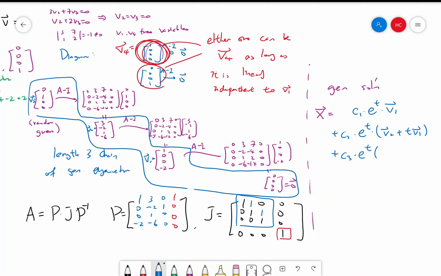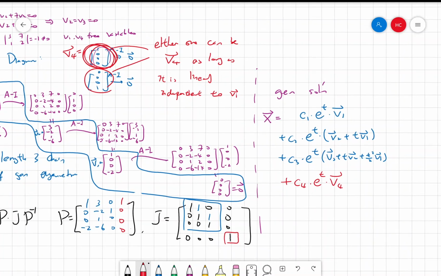And v3 is pointing to v2, pointing to v1, so it's v3 plus t v2 plus t squared over 2 v1. And v4 is by itself, so it's c4 times e to the t times v4. So this is the general solution.